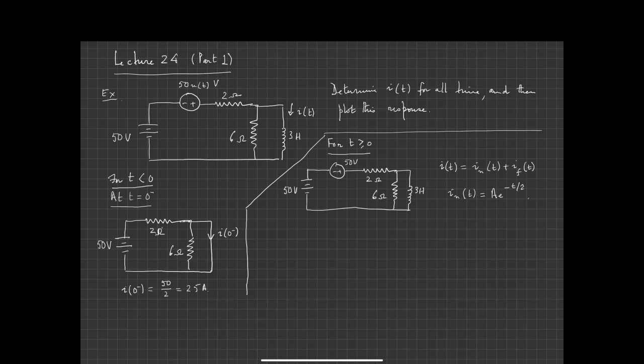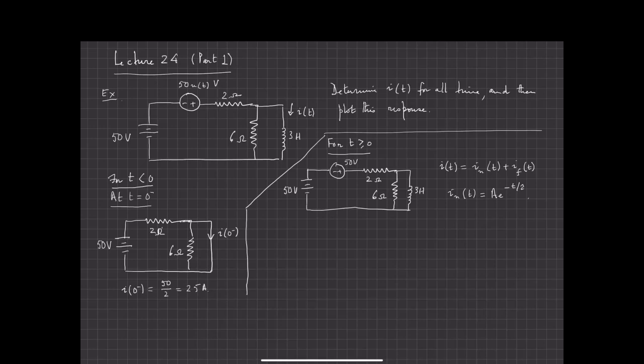Here are my two unknowns, A and tau, and in the above expression, so is I forced of t at this point unknown, all right? And so the next step in the game is to determine tau, all right?